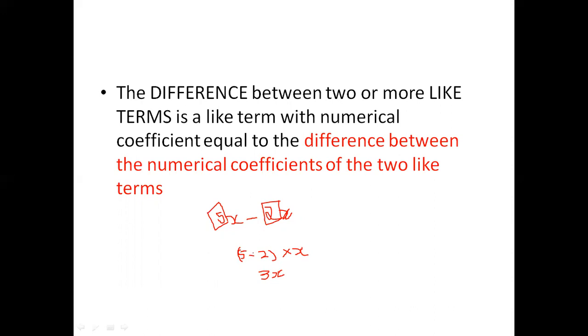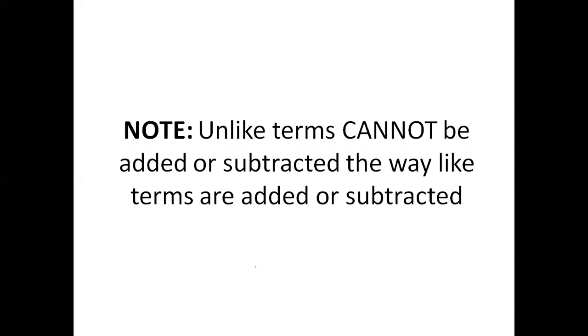Children, you need to keep in mind that the terms need to be like terms. Like terms meaning both need to be the same. Only then we can have subtraction. And there is a note given, unlike terms. Unlike terms are when the terms are different.